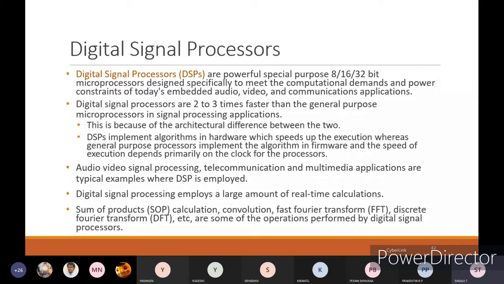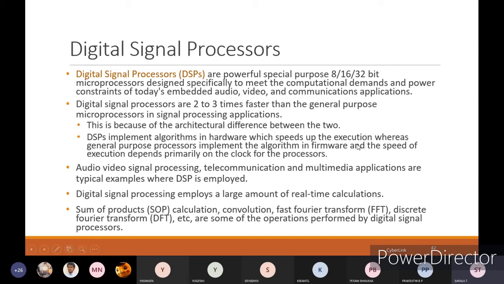Normally, we need this type of processing in communication applications. Digital signal processors are 2 to 3 times faster than a general purpose microprocessor in signal processing applications. Compared to general purpose microprocessors, these digital signal processors are faster for signal processing.